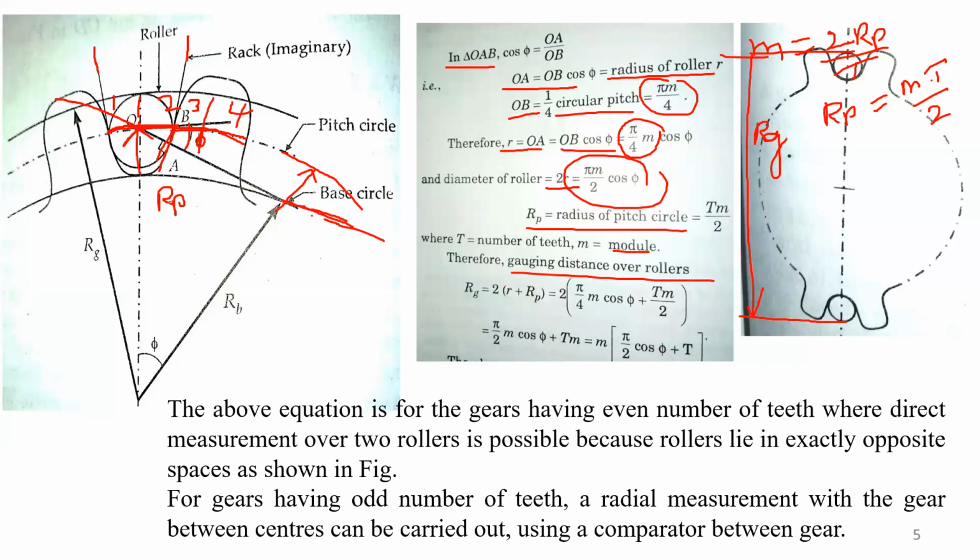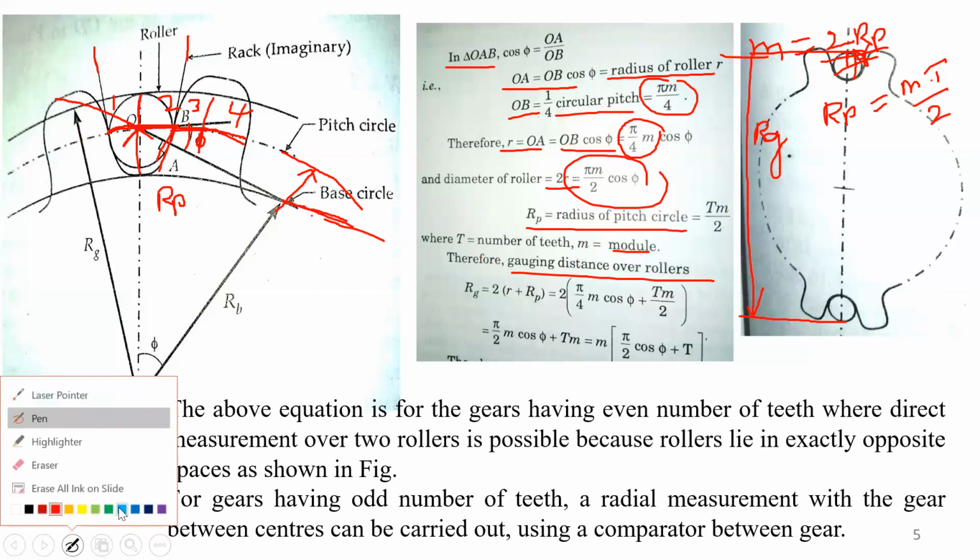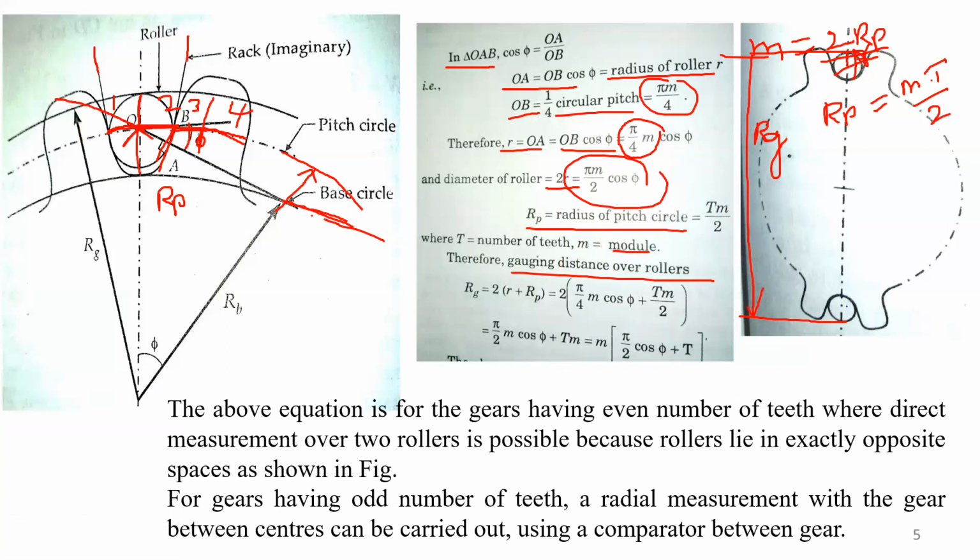Therefore, the gauging distance over the rollers is equal to, so this is r, the small r, the radius of the roller. And from this point to this point is the radius of the pitch circle, capital RP. And from this point to this point is again the radius of the pitch circle.